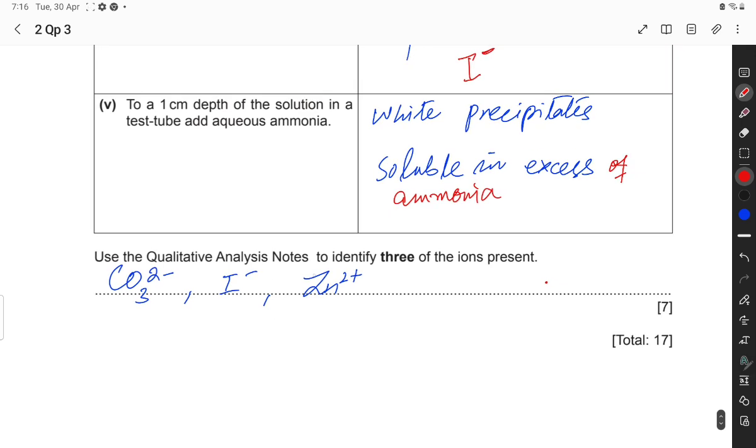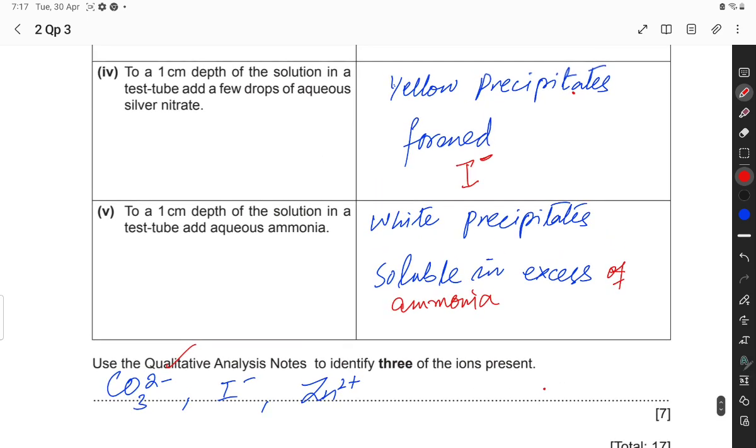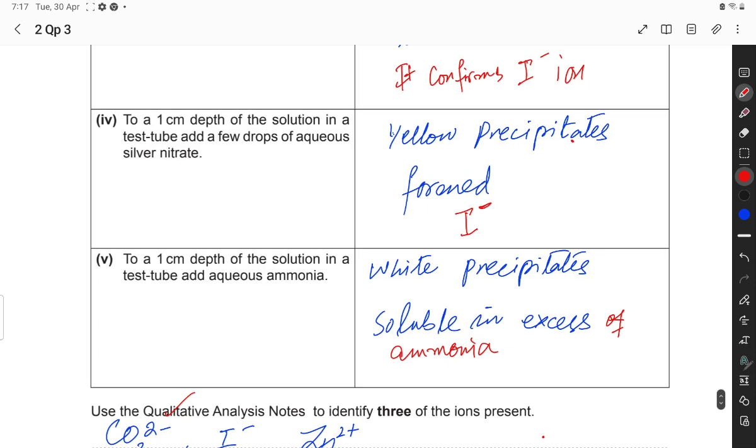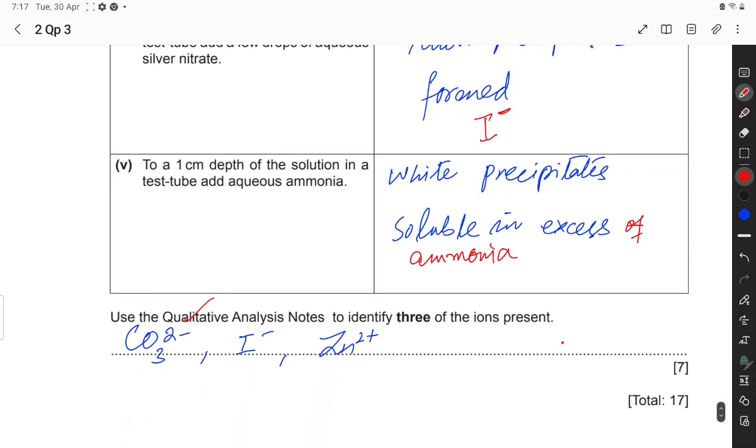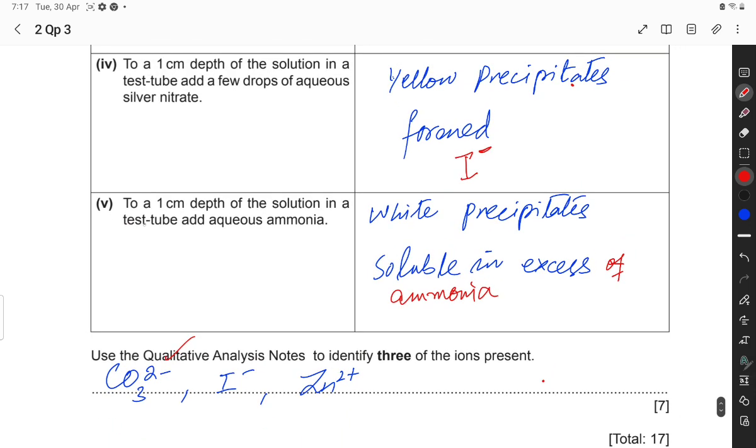Use the qualitative analysis notes to identify three of the ions present. So one is carbonate, in which carbon dioxide gas evolved, which turns lime water milky. So it confirms that carbonate ions are present. With addition of aqueous silver nitrate, yellow precipitate is formed. It means iodide ions are also there. And with aqueous ammonia, the white precipitate formed is soluble in excess of ammonia.